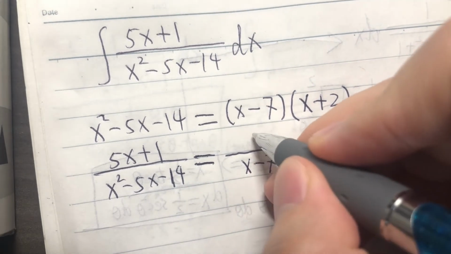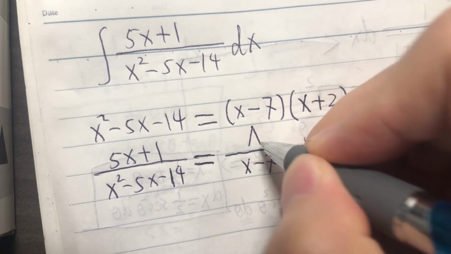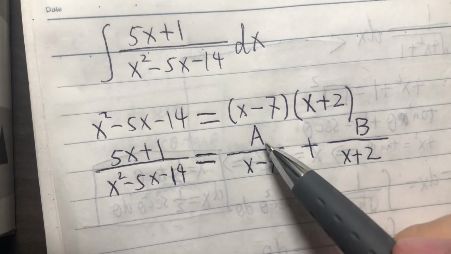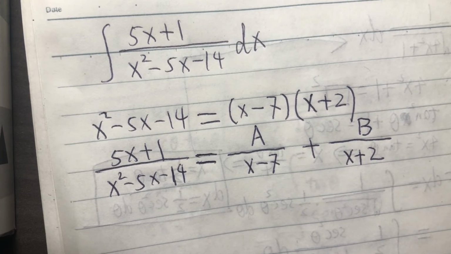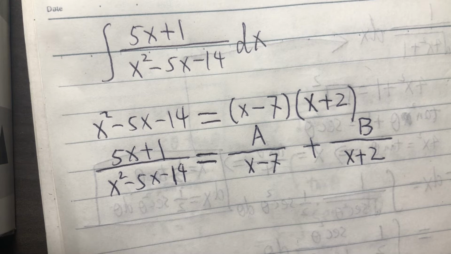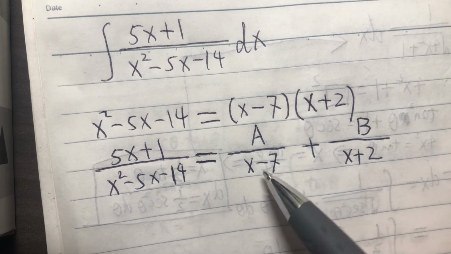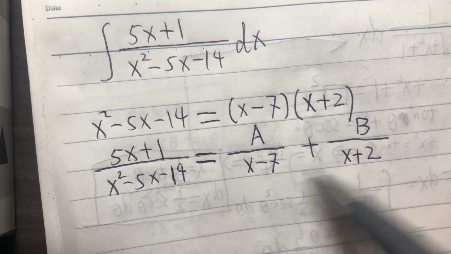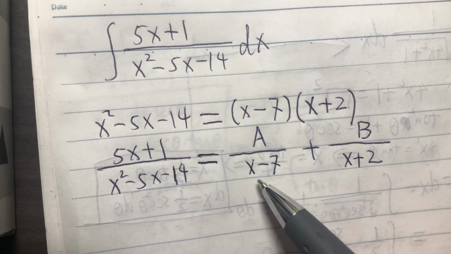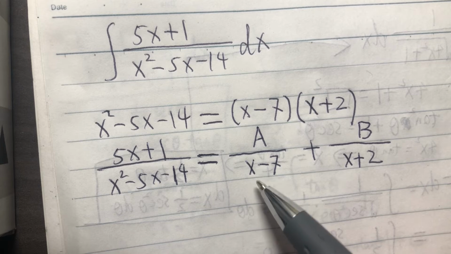So here we use a and b. Here a and b are two constants but unknown. So a and b are two unknown constants. We're going to find out what a is and what b is. Because the denominator is linear, linear means having degree 1, x minus 7.